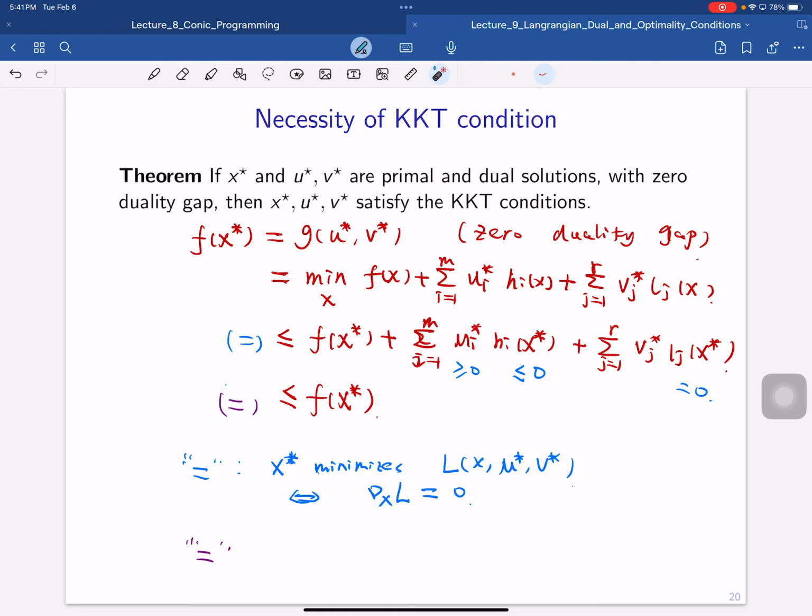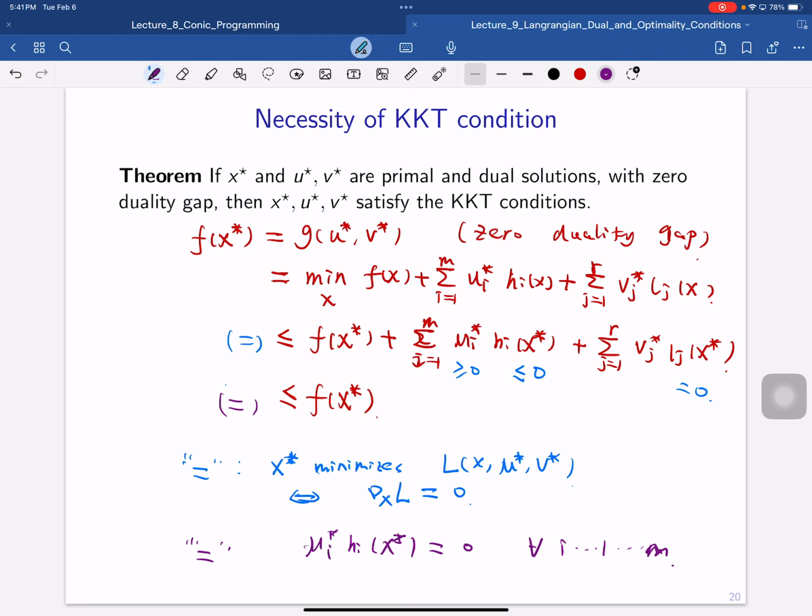So this purple equality gives us complementary slackness: u_i h_i(x star) must be 0 for all i from 1 to m. So now we are done with the necessity part of the proof.